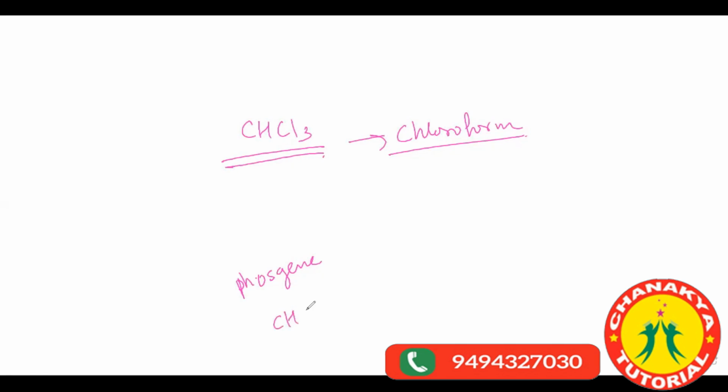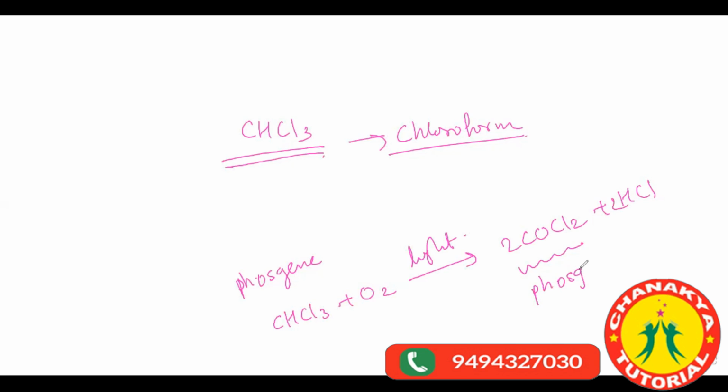When chloroform, CHCl3, is exposed to oxygen in the presence of sunlight, it undergoes oxidation and you will get this. The name of this poisonous gas is phosgene. Please keep this formula in your mind, maybe a chemical formula or reaction they may ask in future.